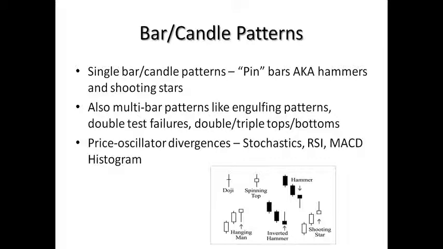If there's a higher high in price and there's a lower high in the oscillator, that's telling you that there's a loss of upside momentum and perhaps a turn in the market to the downside. Once again, if you have price making a higher high, higher peaks, and the oscillator is making lower peaks at the same places, then that's telling you there's a loss of upside momentum and a possible turn in the market.